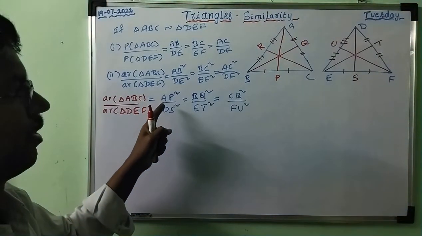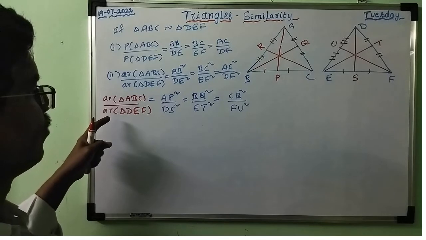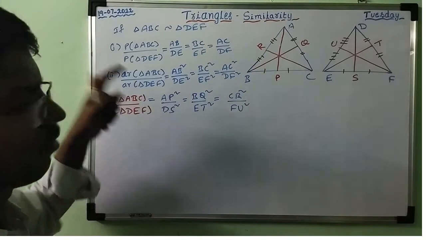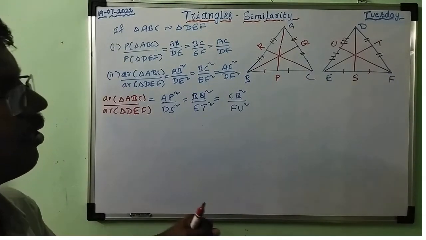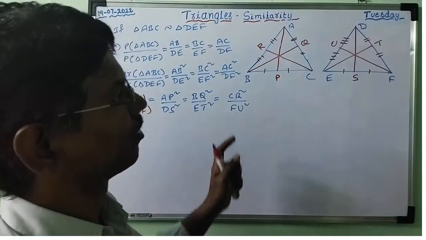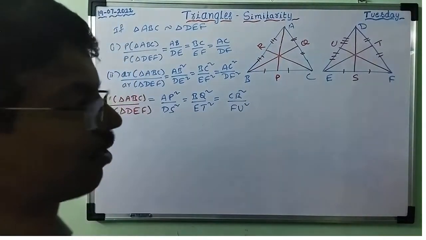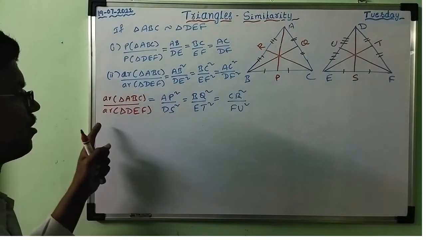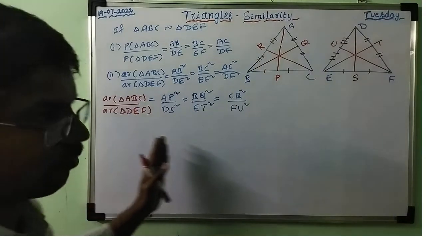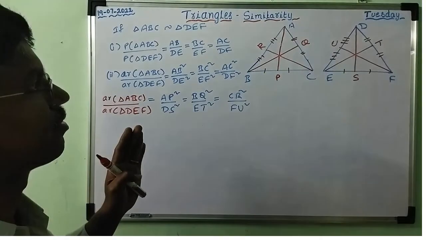So AP is altitude and DS is altitude there. Then also area of ABC by area of DEF is equal to AP square by DS square. Not only that, if AP is angular bisector and DS is angular bisector, and the remaining two are also angular bisectors, then also it is applicable. That means area of ABC by area of DEF is equal to the ratio of squares of angular bisectors also.